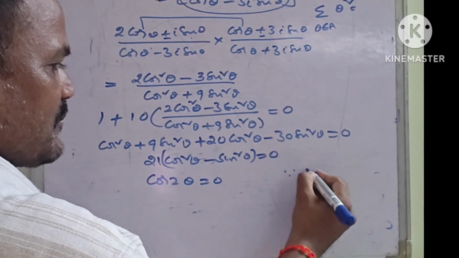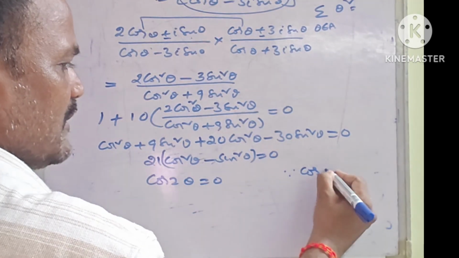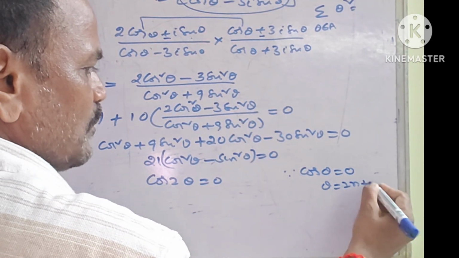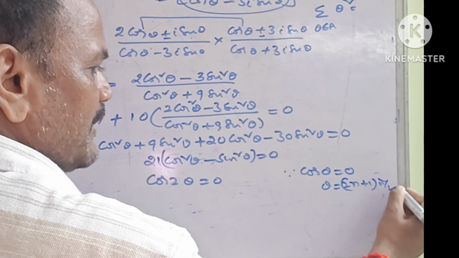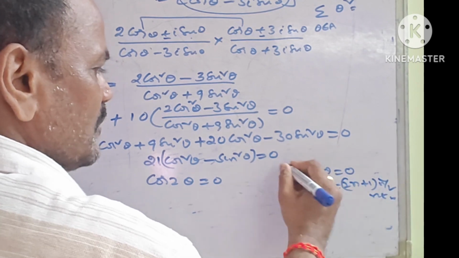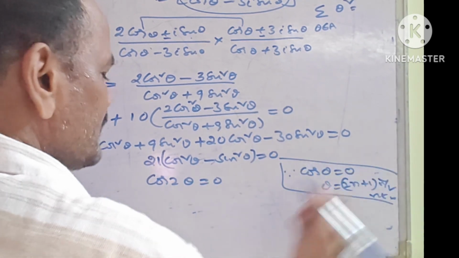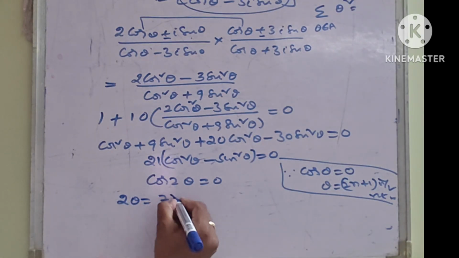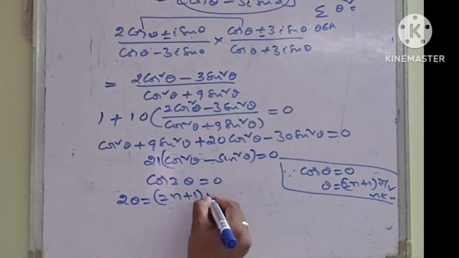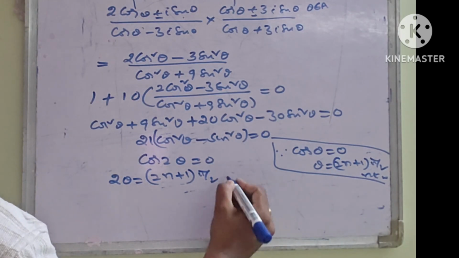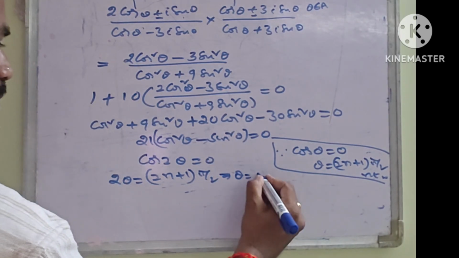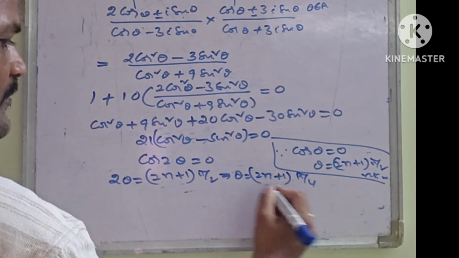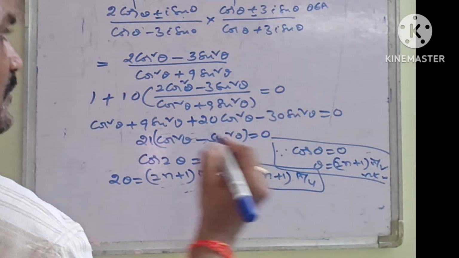So trigonometric equations: cos theta equal to 0, theta is equal to (2n plus 1) pi by 2, n belongs to Z. We know this formula. Now 2 theta is equal to (2n plus 1) pi by 2, n is an integer. Then theta is equal to (2n plus 1) pi by 4. So that is the general solution.